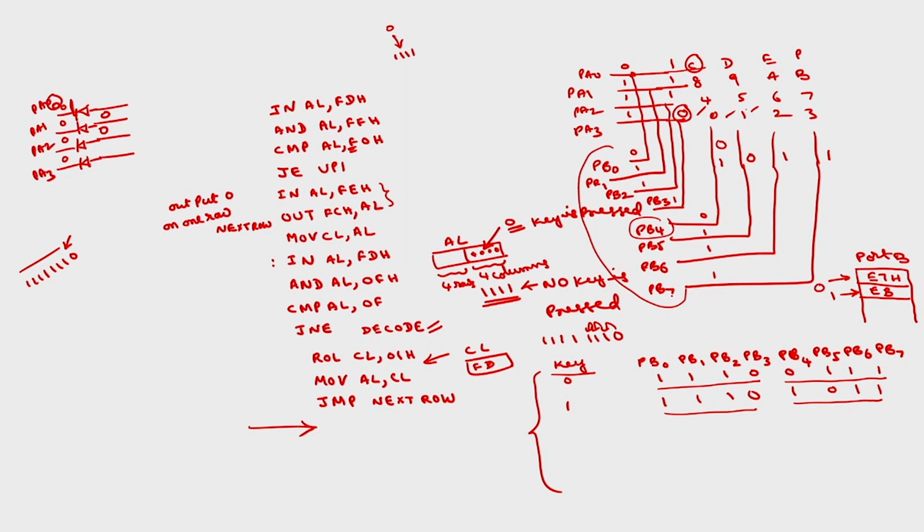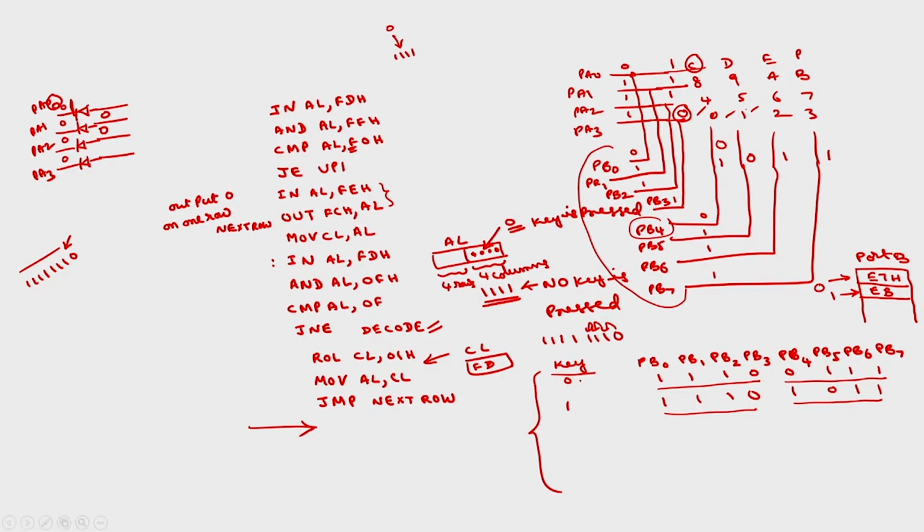Okay. So the codes corresponding to a key press. When the 0 key is pressed, in order to detect that key, PA0 to PA3 will contain 1110, and this is connected here. So PA0 is PB0, and PB0 is 1 only.